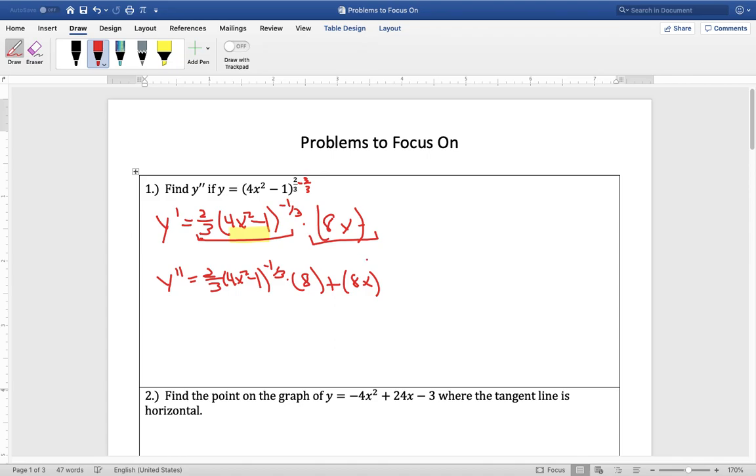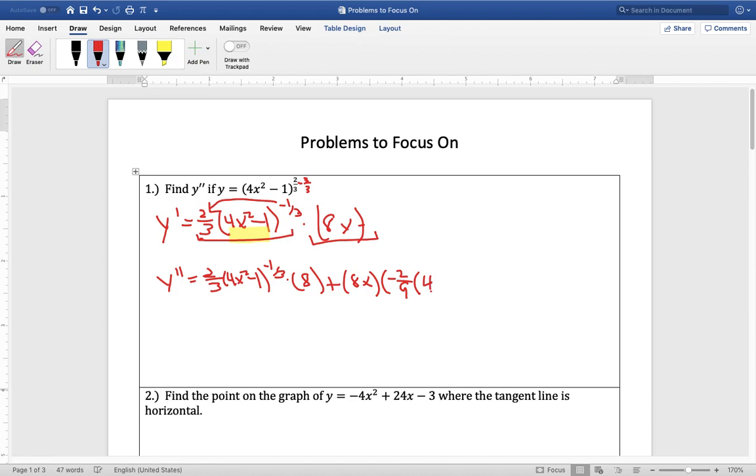So we have negative 2/9. Let me write that here. Sorry, let me go back here. Okay, so we have negative 2/9. That's what you get when you multiply negative 1/3 times the 2/3.